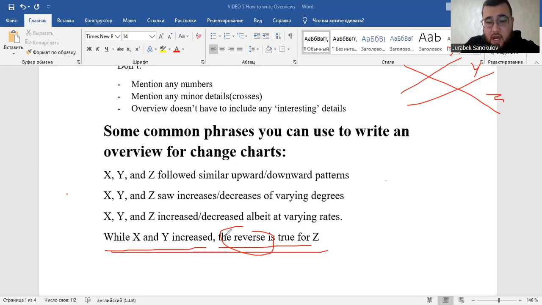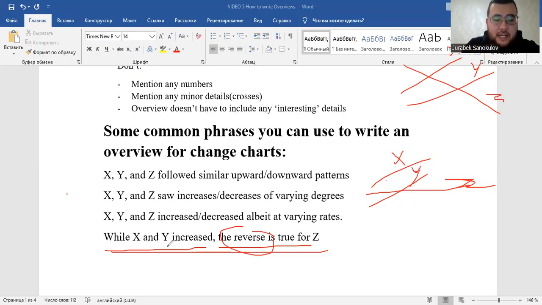But be careful. Sometimes students get too carried away and they end up describing this situation using this sentence structure. Like imagine this, and one of them just stays the same. X, Y increase, but Z remains stable. So you cannot use the same sentence structure to describe this.